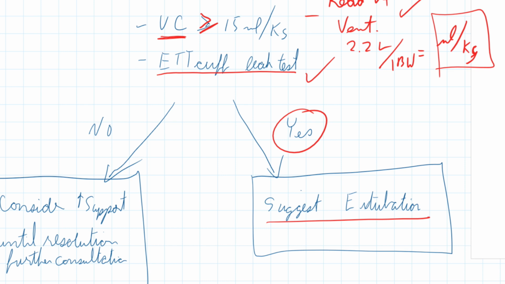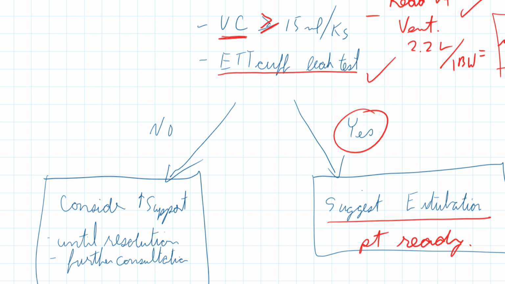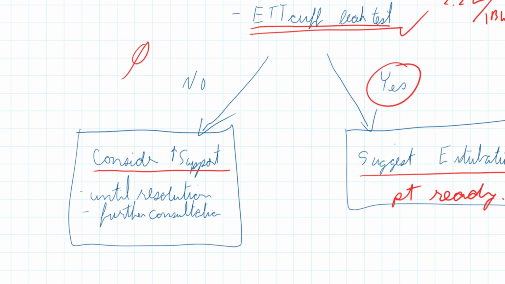Many clinicians are going to be involved, and we make sure we've got the resolution of the disease process. Make sure the patient's actually ready, and that's usually a group decision. If there's no leak past the endotracheal tube cuff, or they have a really poor vital capacity, then we should consider keeping them supported on the ventilator until they've got resolution of this problem. It might just mean that we need further consultation with other experts in the team, such as the physician.